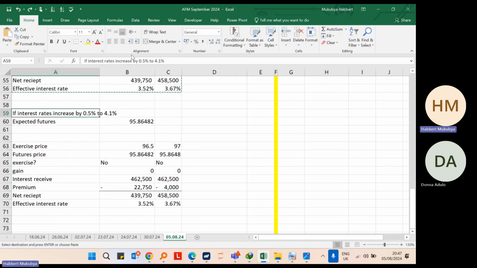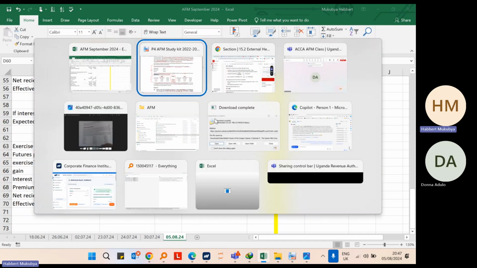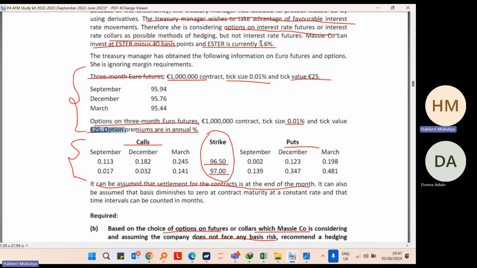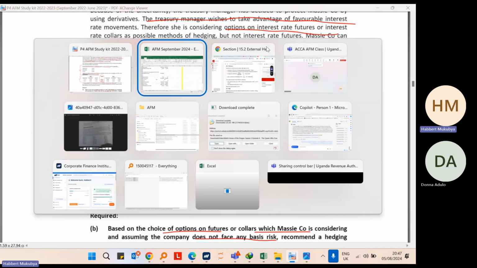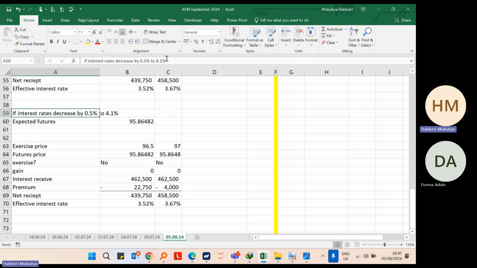So now we look at if the interest rates decreased. So if they decreased by 0.5, remember that it was at 3.6, so it becomes 3.1%.